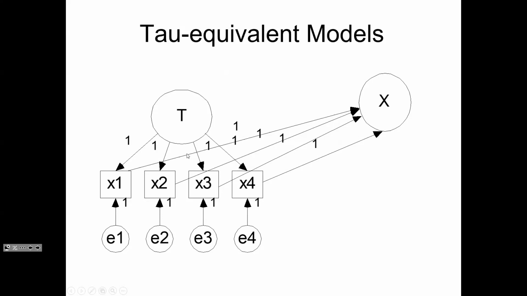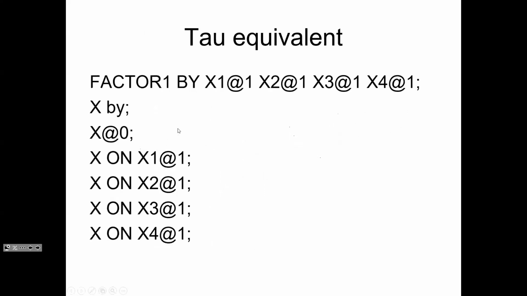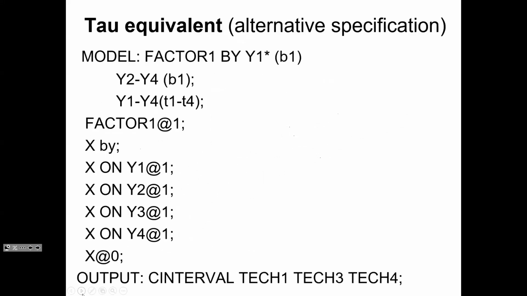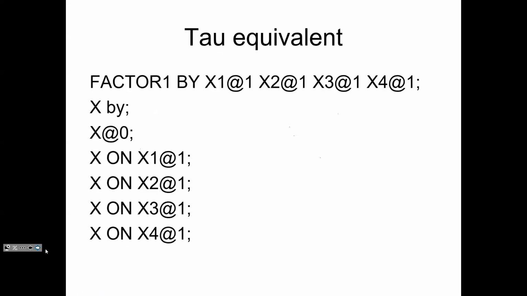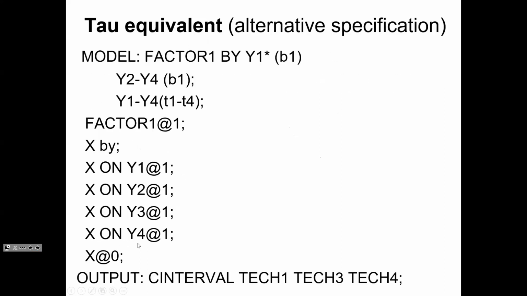That is one way you can do it, but I find things fall out more nicely if you do it the other way. So this is showing you could do it with factor loadings equal to 1, but I'm going to suggest that rather than using this specification, you use what I'm calling the alternative specification, which I think is nicer.